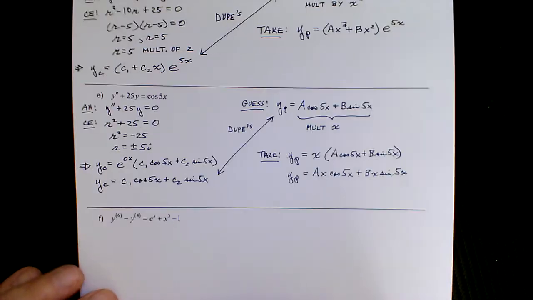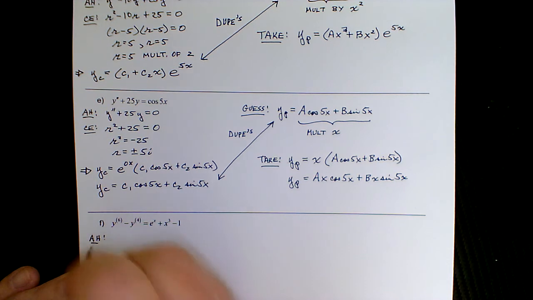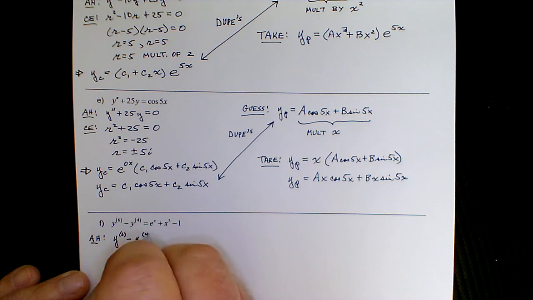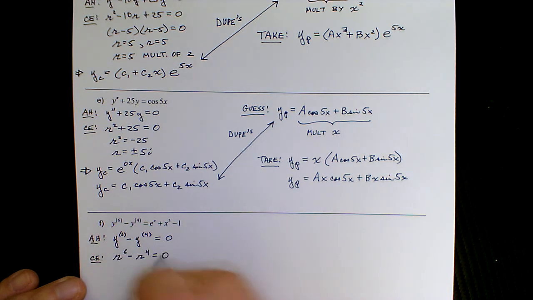Okay, so then one more example of this. Same procedure, associated homogeneous. We get the sixth derivative of y minus the fourth derivative of y equaling 0. Characteristic equation, r to the sixth minus r to the fourth is 0.